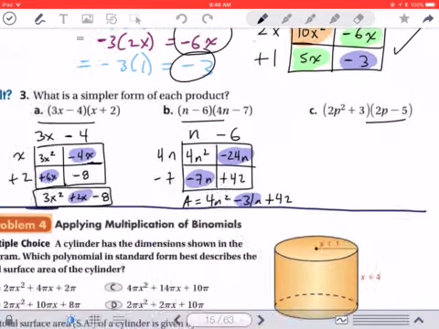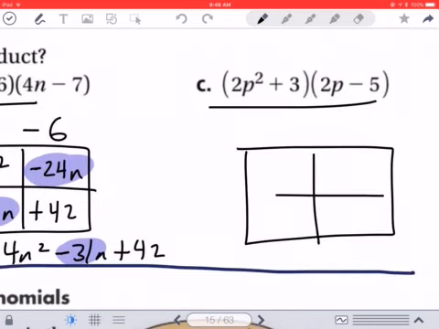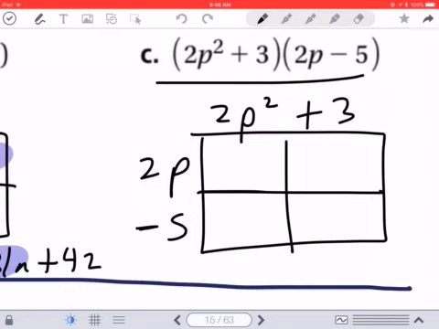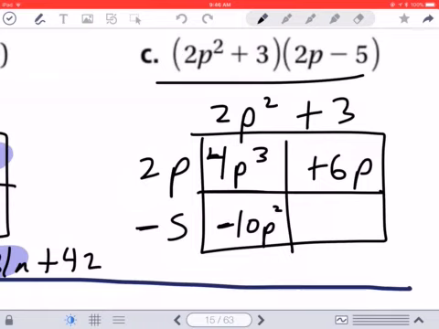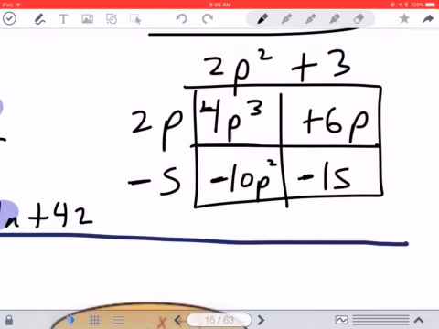Okay, last one for today. I have the variable p here, so 2p squared plus 3 and 2p minus 5. This is going to be 4p cubed plus 6p, and this is going to be minus 10p squared and minus 15. Let's double check here, make sure everything's correct.